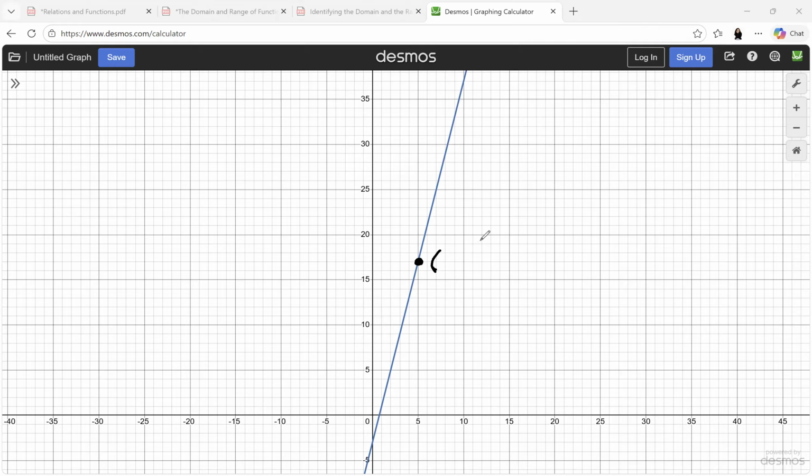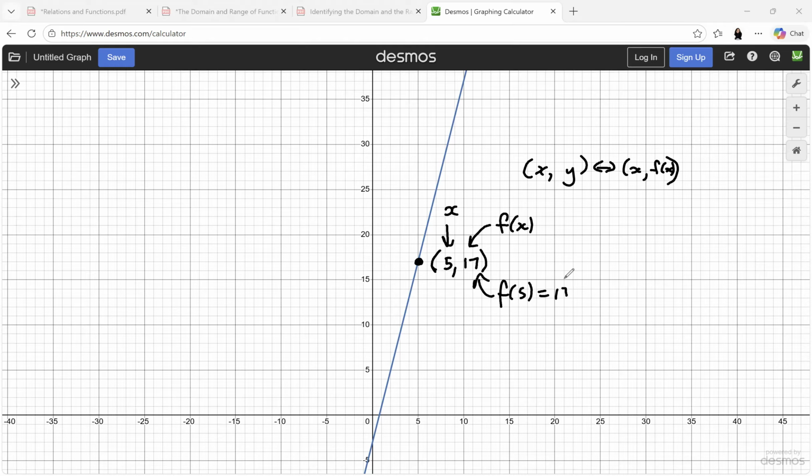So the coordinates of the point are 5 and 17. So 5 is your x and 17 is your f of x, right? Every coordinate, that's how it is. You know, coordinates are x and y, right? It is the same as x and f of x. So here, x is 5 and then f of 5 is 17. That's how you interpret it.